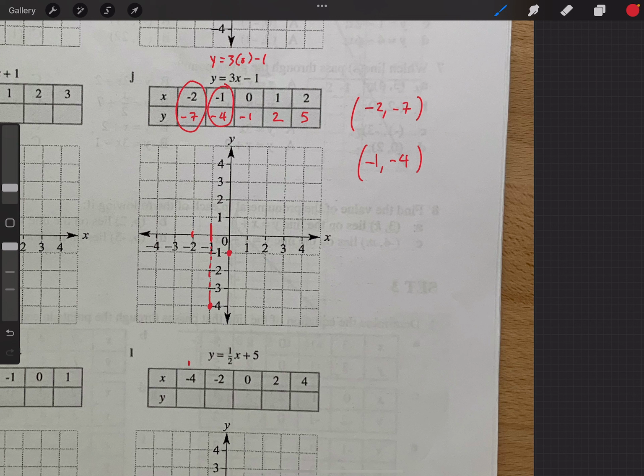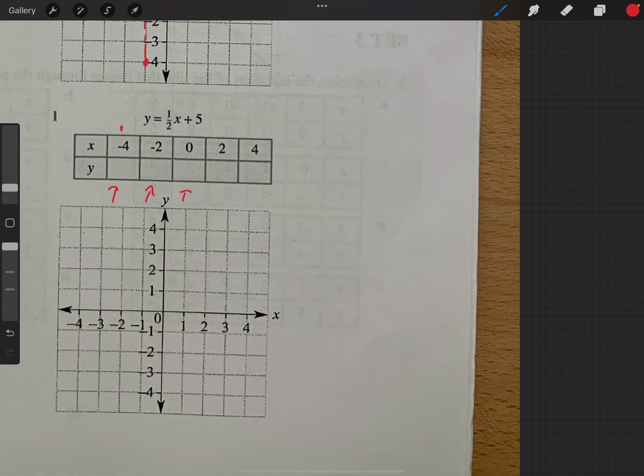Next one, just do a quick one here. Again, just fill in the table of values. So let's see. When x equals minus 4, y is equal to a half of minus 4, and then plus 5 according to the equation there. So what's a half of minus 4?